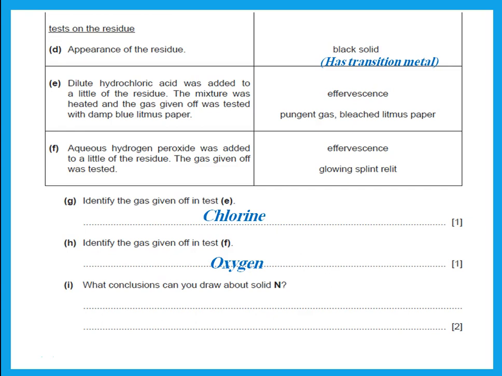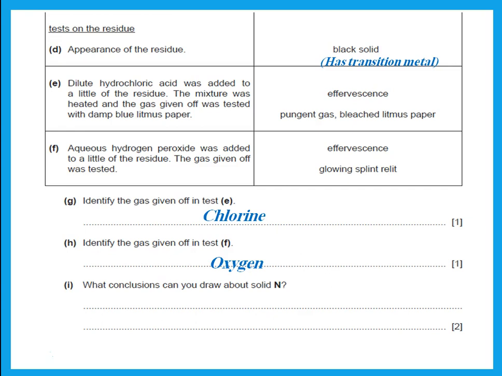First of all, it is a transition metal, or it has a transition metal. And when we added it to hydrogen peroxide, I want you to remember that we mentioned hydrogen peroxide in our syllabus in only one case, when we're adding a catalyst to it. Hydrogen peroxide is something that breaks down to give oxygen gas, but the reaction on its own is very slow.